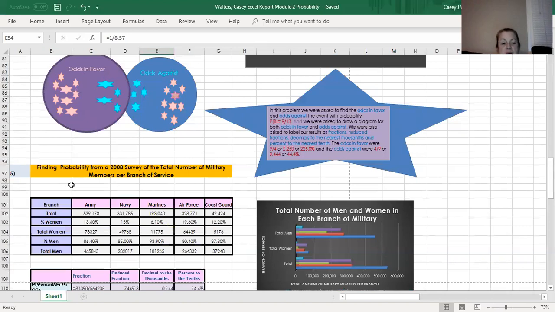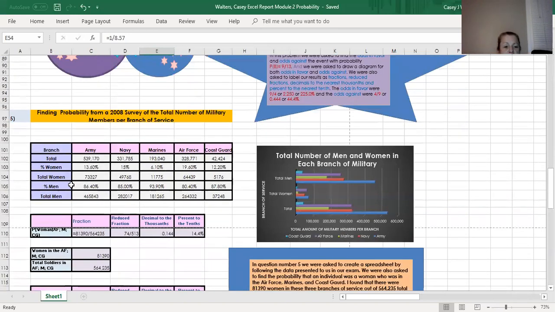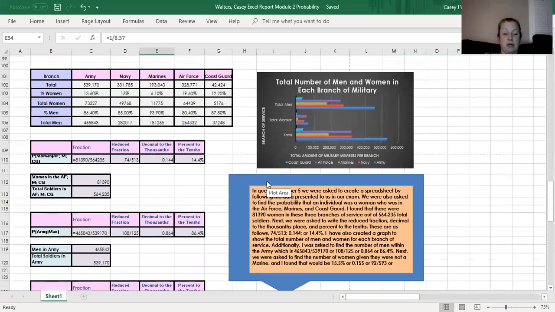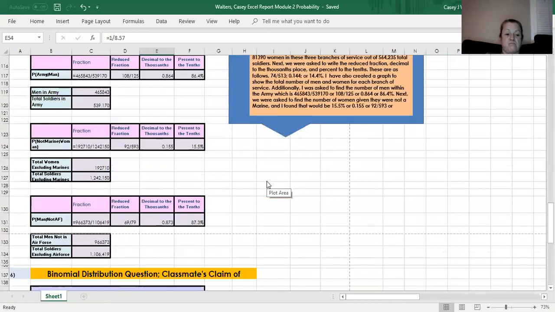So on to number 5, finding probability from a 2008 survey of the total number of military members per branch of service. And what I've done here is I actually made tables with all the data that we were going to be using, and then I also put in the formulas in order to get the fractions, and in order to separate all of the information and get the information that they asked of us.